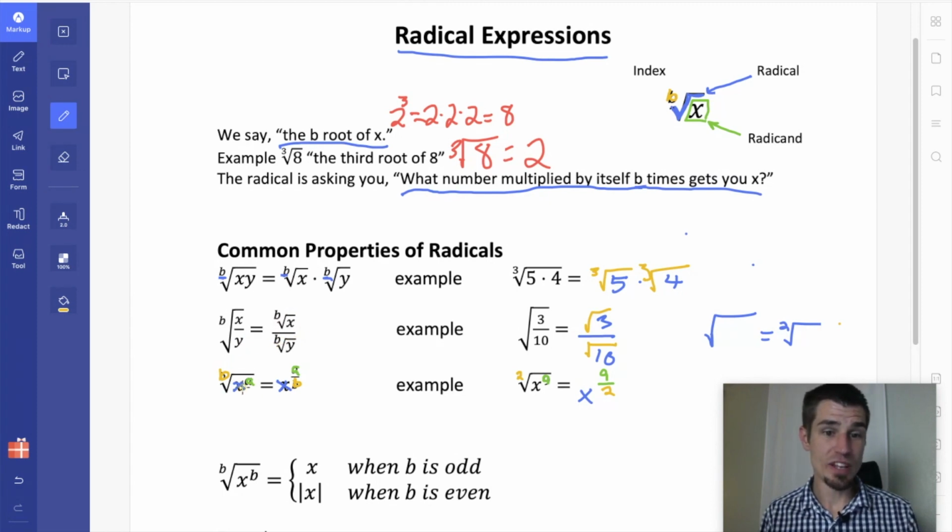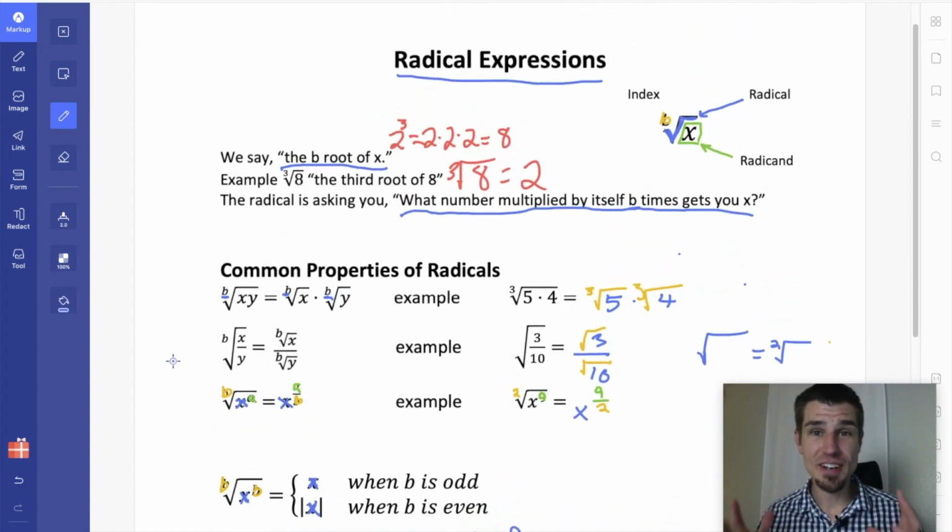And then if we need to, sometimes this just makes our life easier, we can represent a radical expression as a rational exponent. I hope that now you get a little better feel of what radical expressions are and some common properties we'll be using so that we can actually simplify radical expressions.